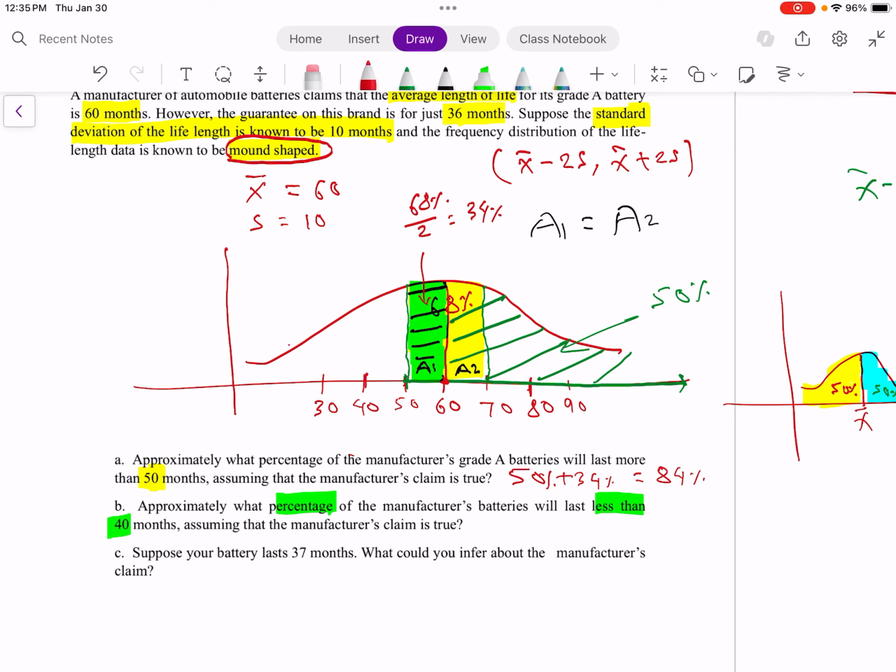Are we looking at the right of 40 or the left of 40? Left, right? Because we want to know the batteries that last less than 40. So we want to know what percentage is this region.